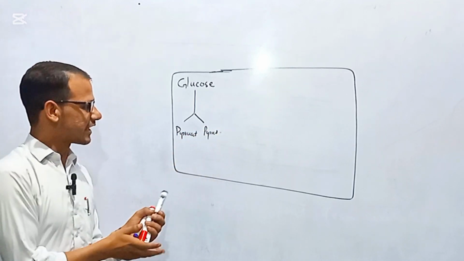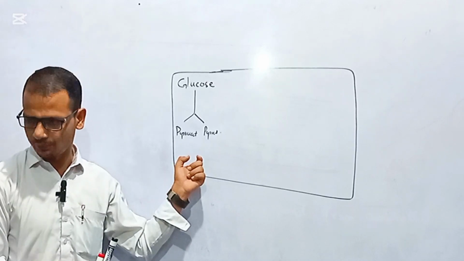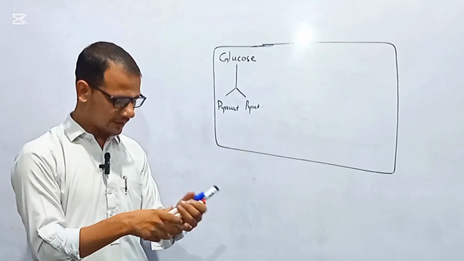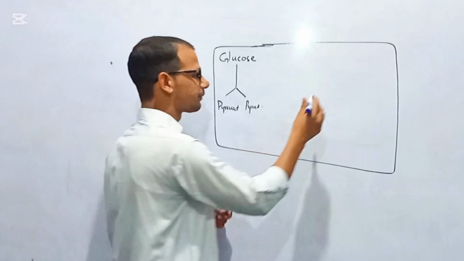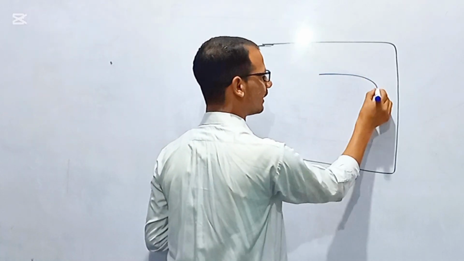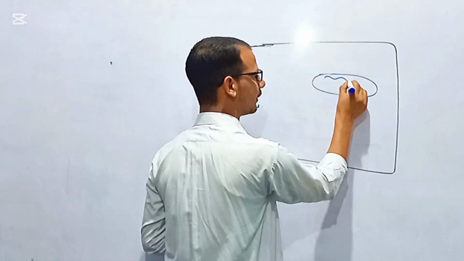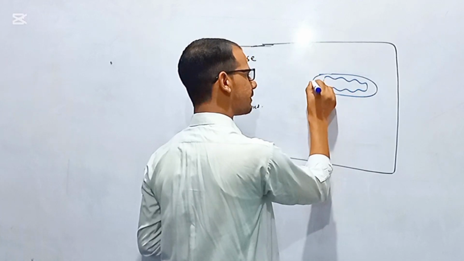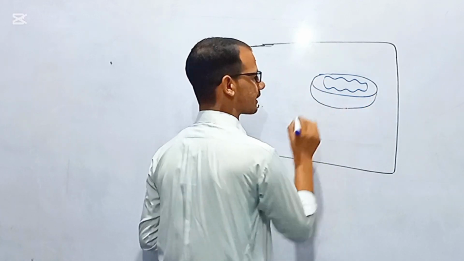This is the process which takes place in the cytosol or cytoplasm, right? And here is a very important cell organelle which is called mitochondria, and mitochondria is a double membrane structure, right?